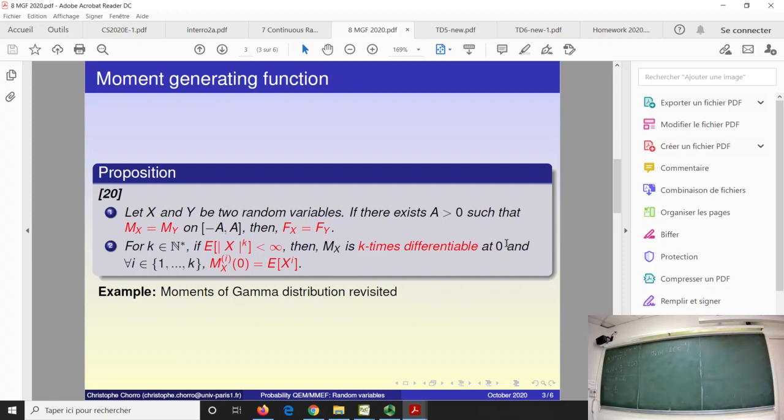And there is a result, or a set of results, called the Lebesgue theorem, but I won't enter into details because it's not my purpose in this course. Just say that I have expectations here depending on a parameter t. It's a real parameter.